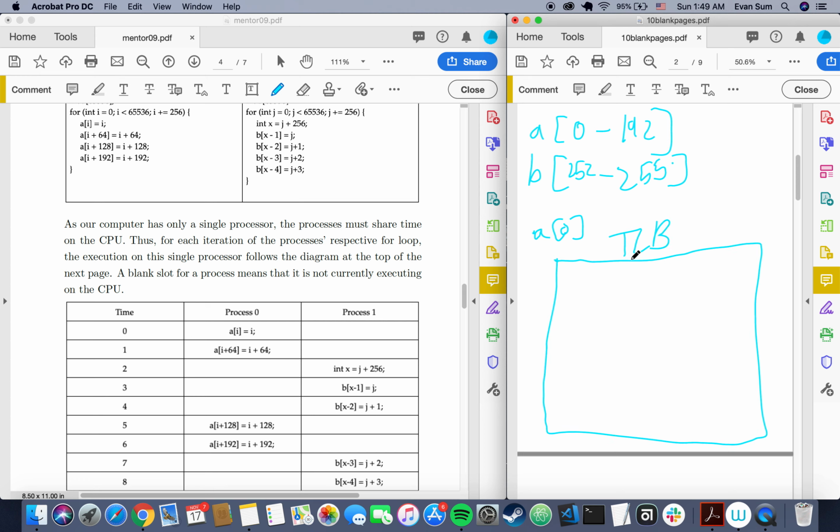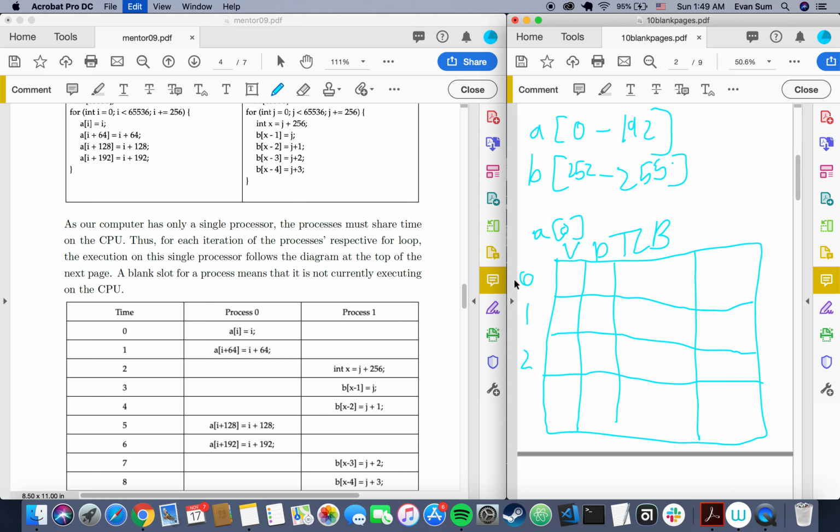So this is the TLB. We have some valid bit, and some permission bits and stuff. I'm going to ignore everything else. There are others, but I don't think we need those for now. So this is our TLB, and this is entry 0, 1, 2, 3.